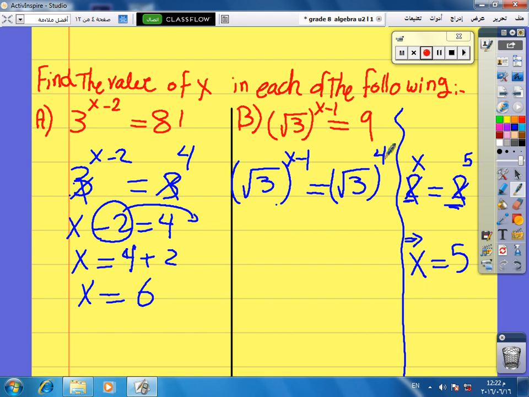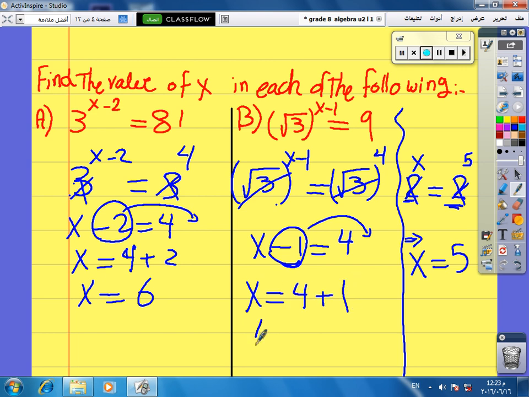We have the same base, so I will cancel it and make the powers equal: x minus 1 equals 4. To find the value of x, I will take negative 1 to the other side and change the sign. So x equals 4 plus 1, so x equals 5.